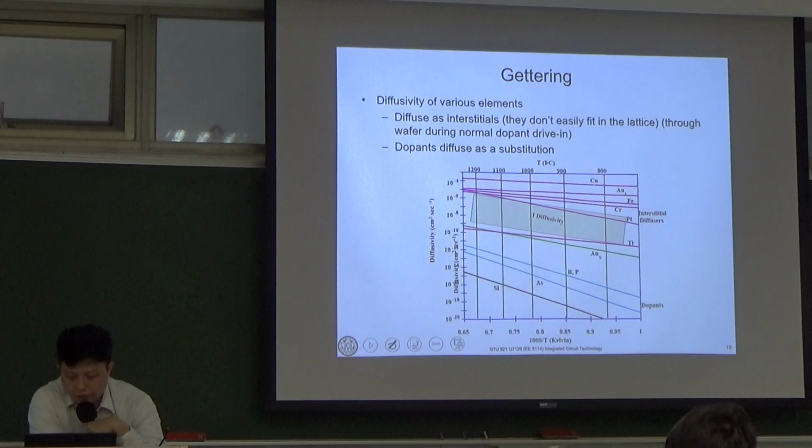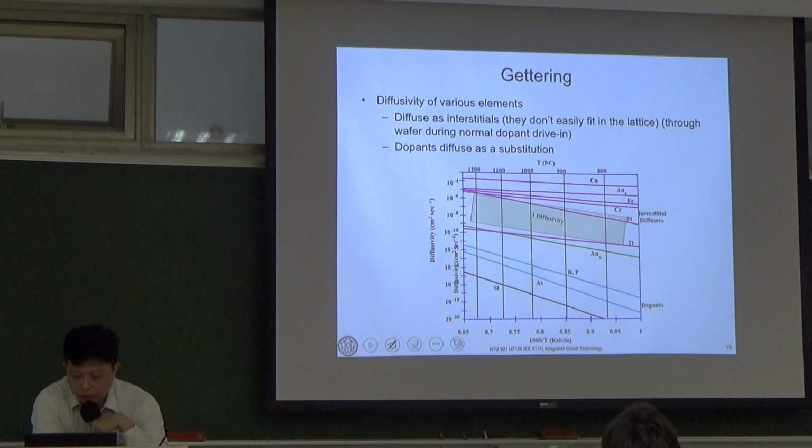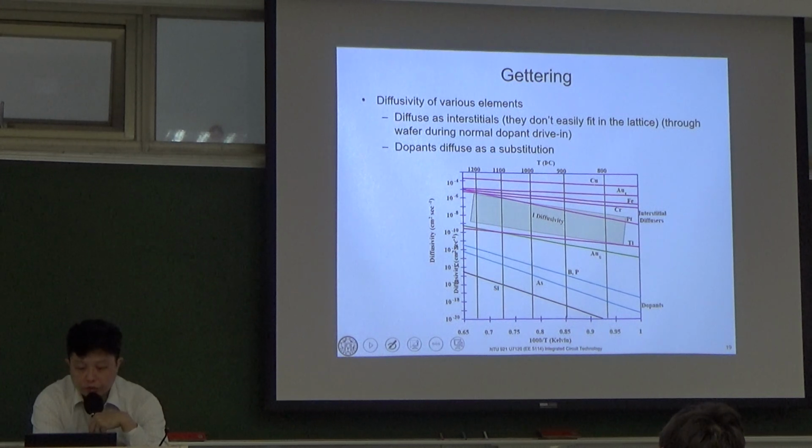And this figure is also very important because you can see for those point defects, especially those interstitial defects, their mobility or their diffusivity actually is quite a bit higher than some dopants inside your silicon material.